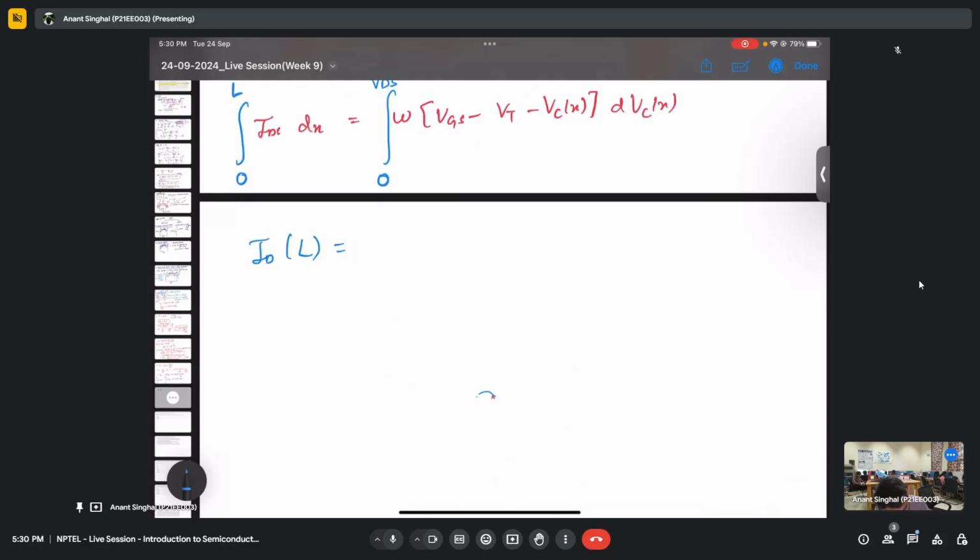And if I integrate this, VGS minus VT is a constant, and I hope you know that the integration of a constant is nothing but x. So it will be VC, in which when I apply the limit, it will be VDS minus 0. And finally, we have VC square by 2, in which if I apply the limit, it will be VDS square by 2.